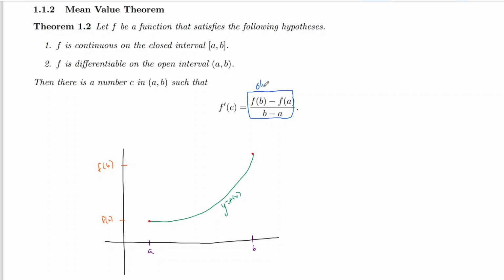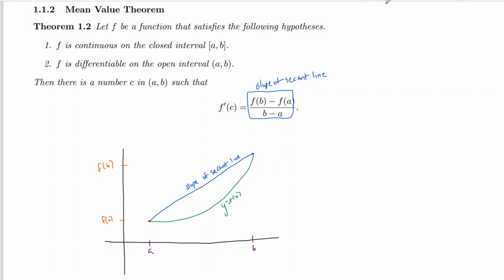This is the slope of what we call the secant line. We haven't done a lot with the secant line, and we're not going to do much with it going forward. But the point is, if you connect these two points by a straight line, the slope of this is the slope of the secant line. The secant line is just the line when you connect 2 points straight together.